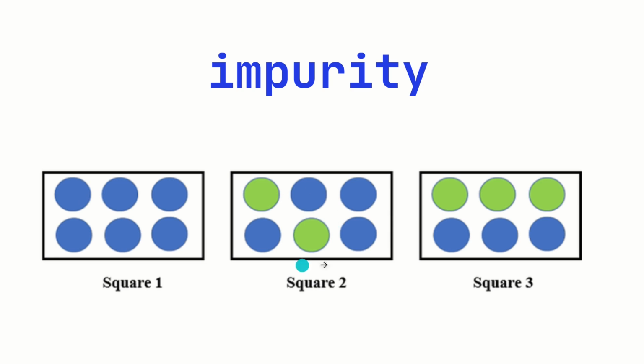Square 2 has a little impurity. This one has more impurity. So the decision tree actually works for homogeneous data. So the decision tree always aims to give you data which is homogeneous. This is homogeneous, this has a little problem, we can say it's a little impure. This is more impure, because we have an equal number of greens and blues, right?